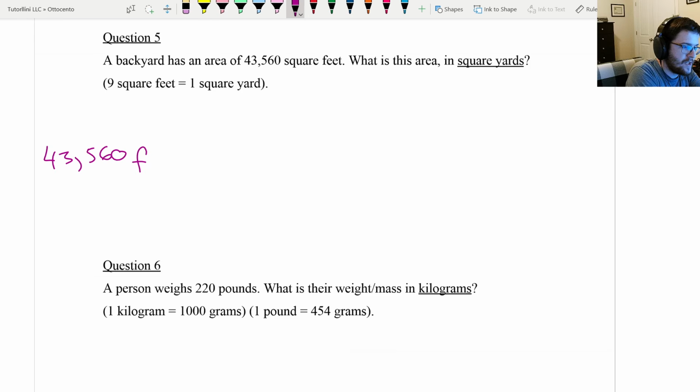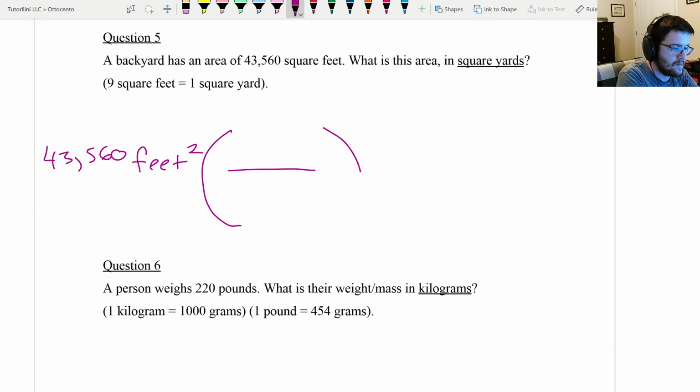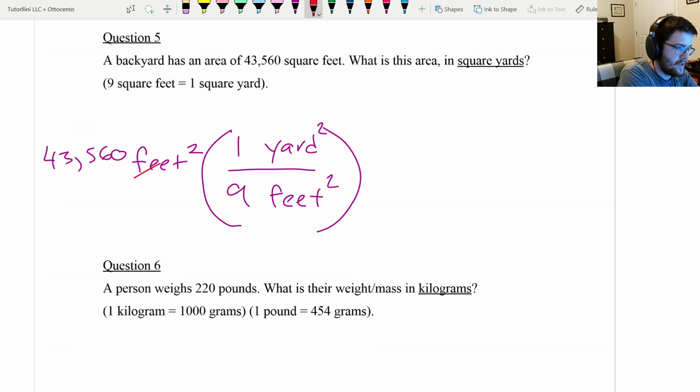And notice how this one's a little different. They already gave it to us in square feet, so we don't need to square it. We can just use it. So that works out pretty nicely. So 9 square feet, or feet squared, per 1 yard squared, and again, feet squared is the same on both sides, so we can cancel that out.